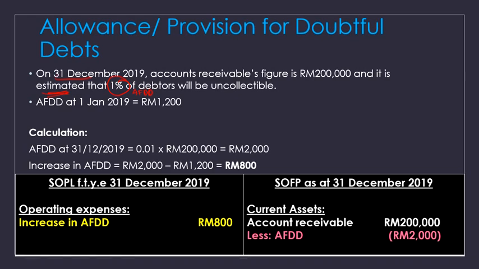Because it says 31st December is 1%, you just take 1% times 200,000, so you will get 2,000. So this 2,000 is your allowance for doubtful debt as at 31st December. It means the closing account. Okay. This is the opening balance, balance brought down. This is balance carried down.